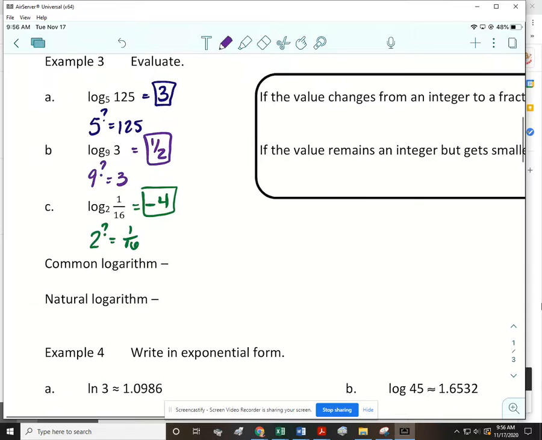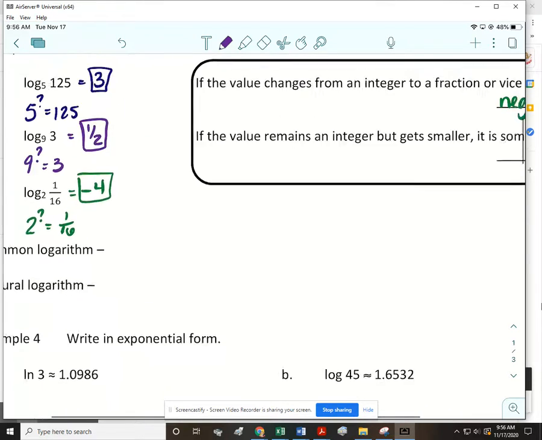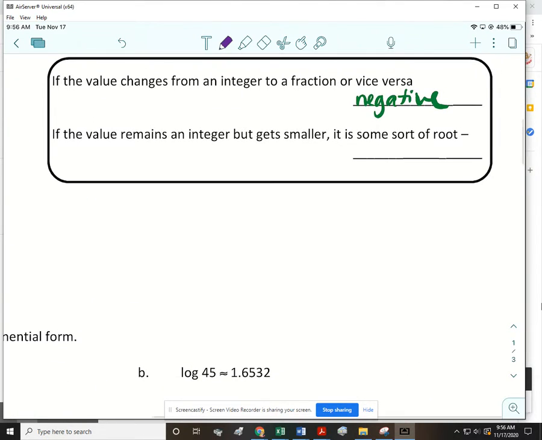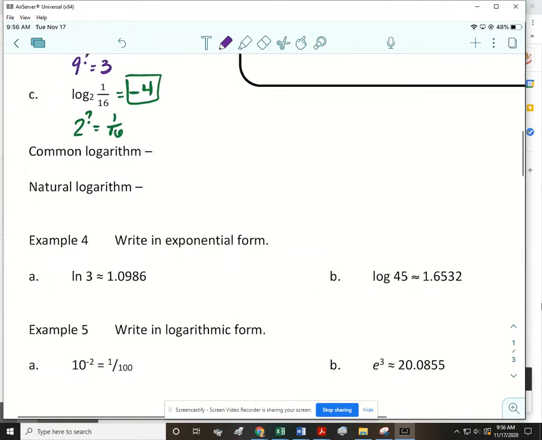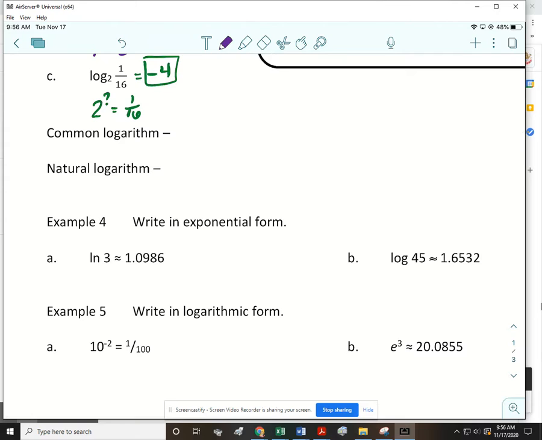That's like what we had on B. We had when 9 changed to a 3, that's going to be some sort of root. And a root is going to be a fractional exponent. So a square root is 1/2, a cube root is 1/3, 4th root is 1/4. Okay, so those can be somewhat tricky.